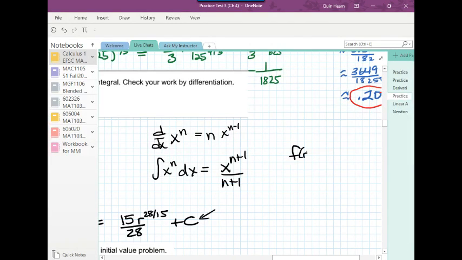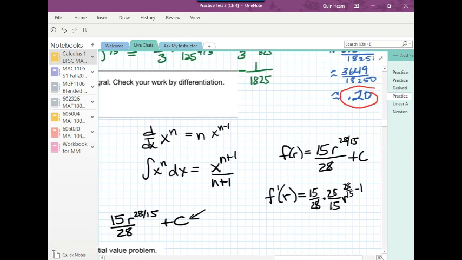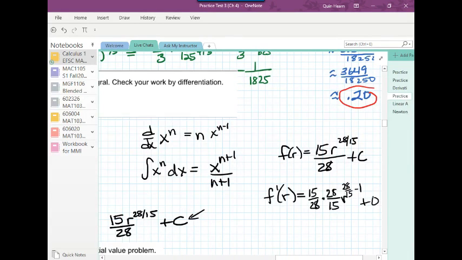So we're going to have r to the 13/15 plus 1 over 13/15 plus 1. Well, 13/15 plus 1 is going to be 13 plus 15 over 15. So we're going to have 28/15. Oh, and plus c, because remember when we go from the derivative back to the original function, there's a whole family of functions that have that same derivative, and they just differ by a constant.